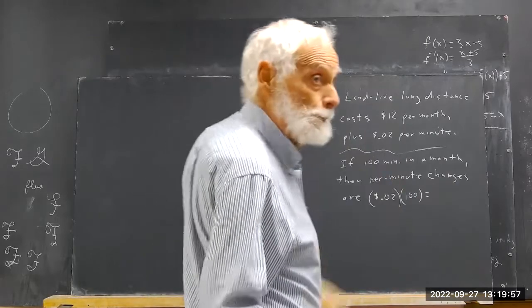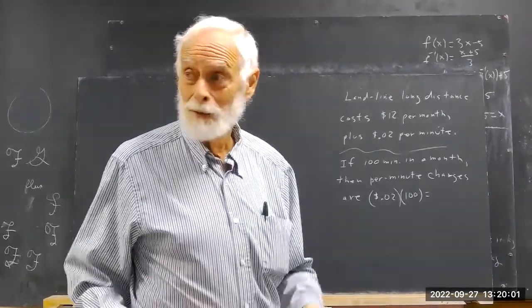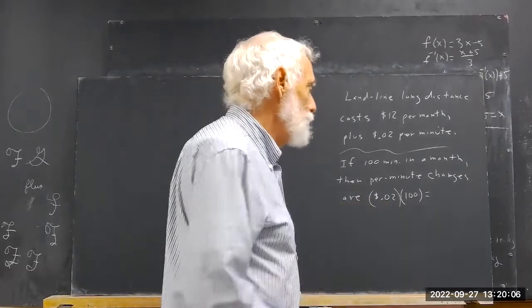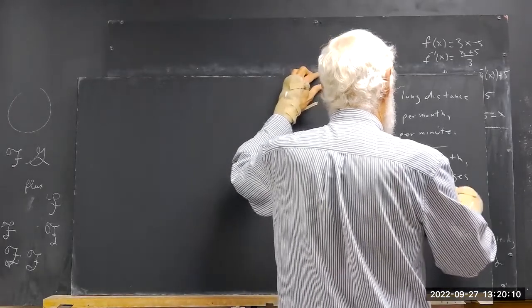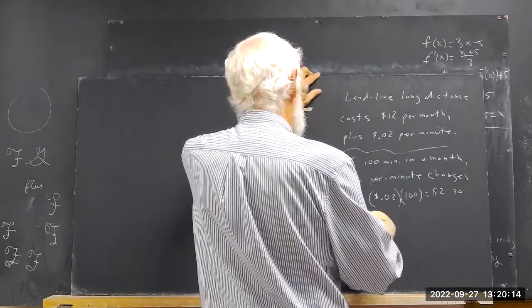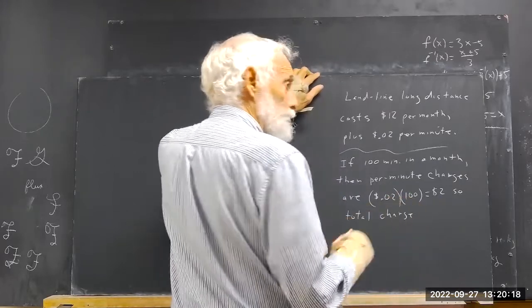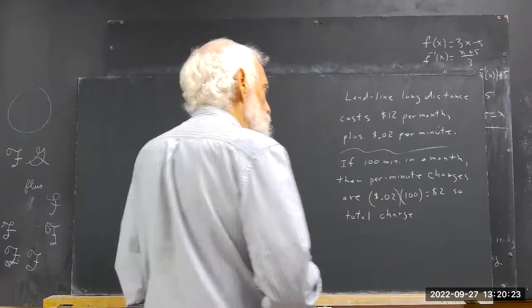And 0.02 times 100, I mean, that's like 2 cents a minute times 100 minutes is 200 cents, right? Or 0.02 times 100, you know, just what you do with decimals. You get $2. That should be totally obvious. It isn't. You really need to kind of get that in your head.